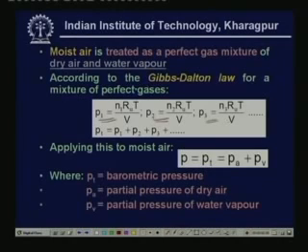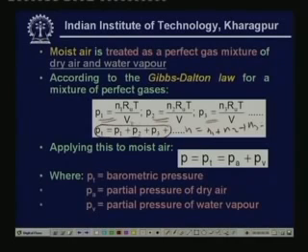When you apply this and the conservation of the number of molecules, that means N = N1 + N2 + N3, etc., you finally find that the total pressure PT is the summation of the individual pressures. That means PT = P1 + P2 + P3, etc., where P1, P2, P3 are the partial pressures exerted by the individual gases.